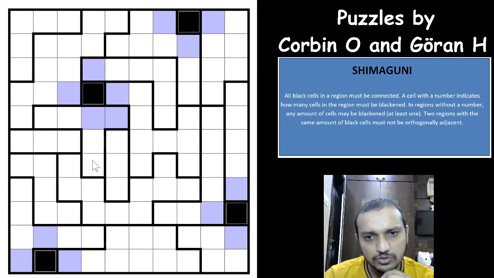Okay, so this will have 2 cells shaded, this will have 1 cell shaded, but how can we continue using that logic? Let us see. Seems to be a tricky one.